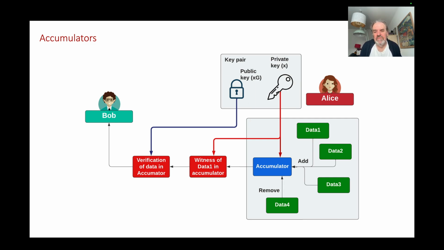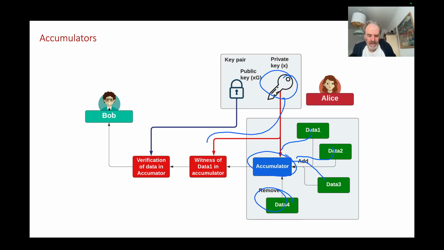Another zero knowledge method is what's called an accumulator. In this, we can create a fixed length accumulator, and then add data into the accumulator using the private key of the entity. We can also remove the data if we require.